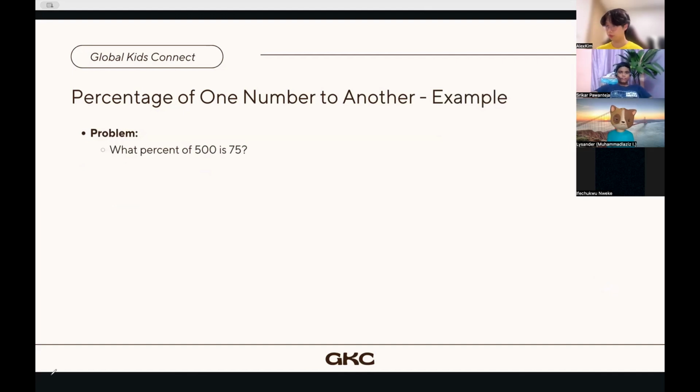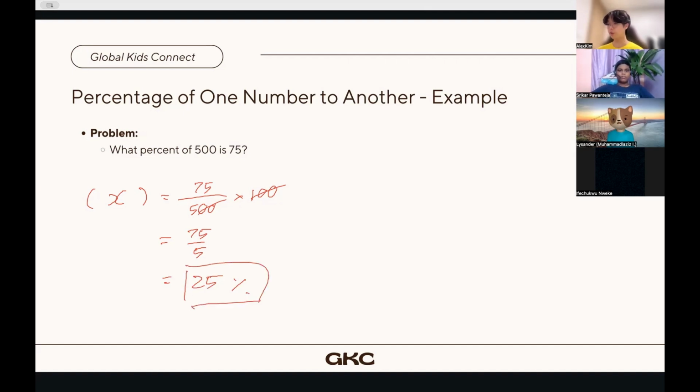And so we say the percentage, let's say the value of interest, we put it as x, is equal to part over whole. So part being 75, whole being 500, and then we multiply by 100. So that we can erase and equals 75 over 5, which then equals 25%. And so our final answer will be 25% of 500 equals 75.